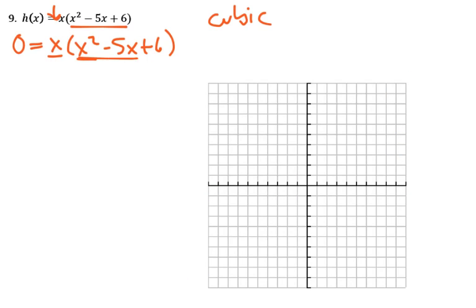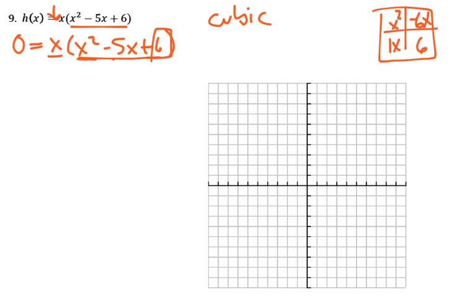So now I need to factor this further. Okay? So we can use the good old-fashioned box method. And get x squared and 6. Factors of 6 that add up to negative 5. Well, that's going to have to be a positive 1x and a negative 6x. Right?